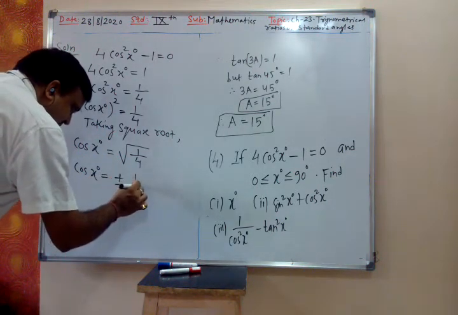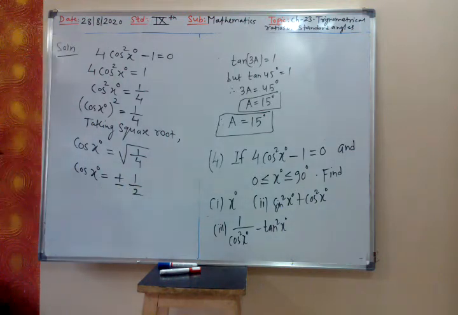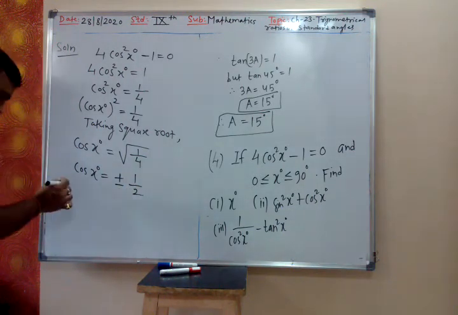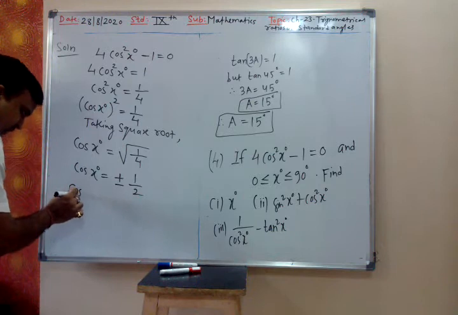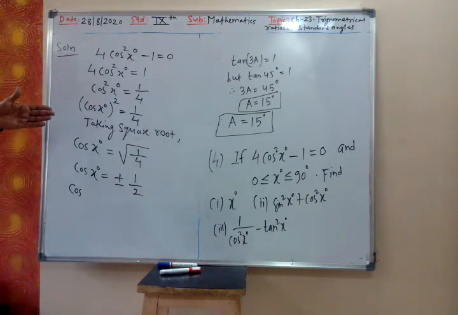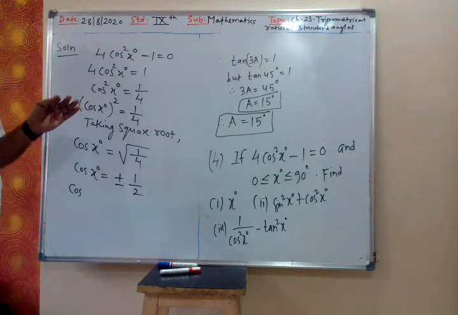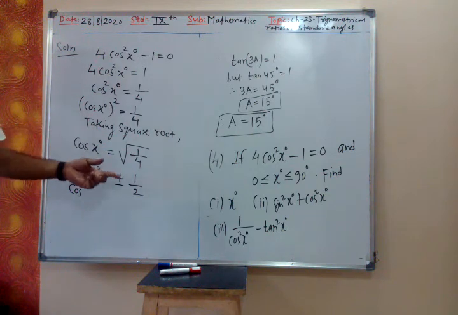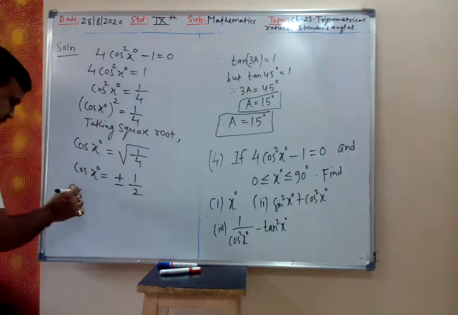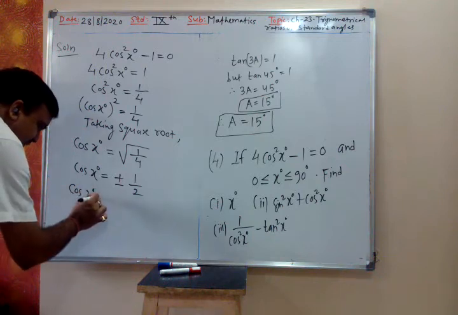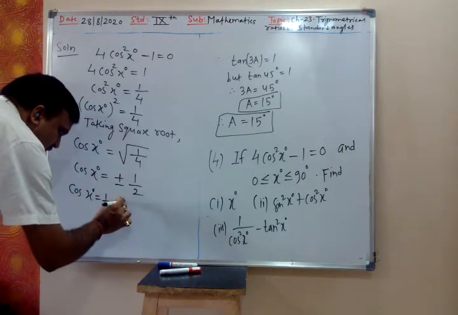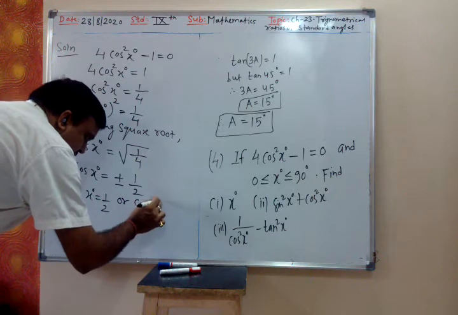Because the square root of 4 is plus minus 2. So cos x degree is half or cos x degree is minus half.